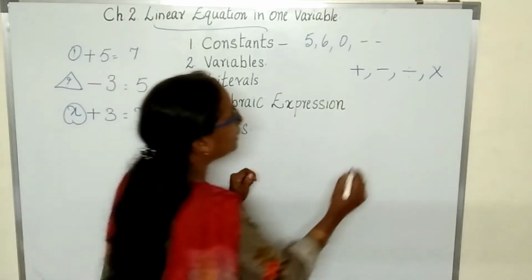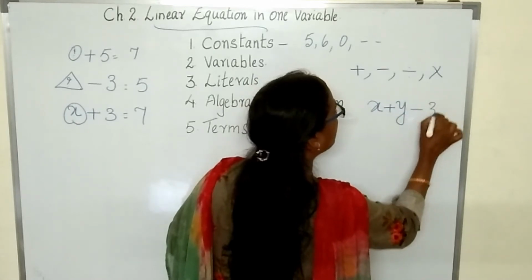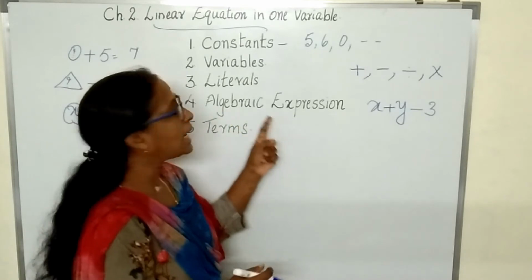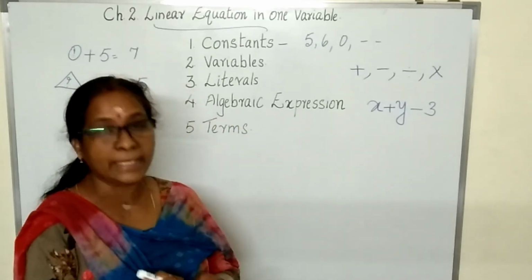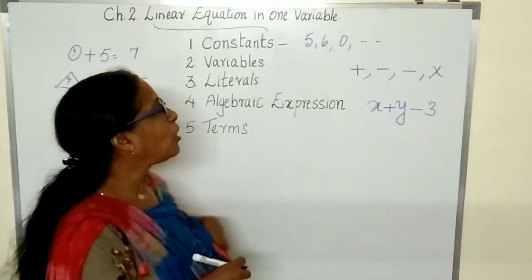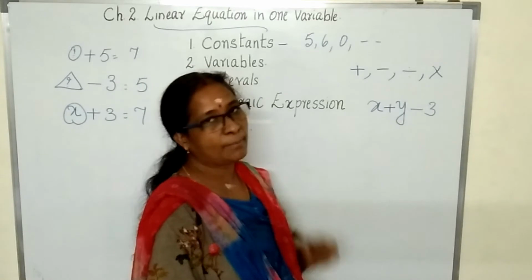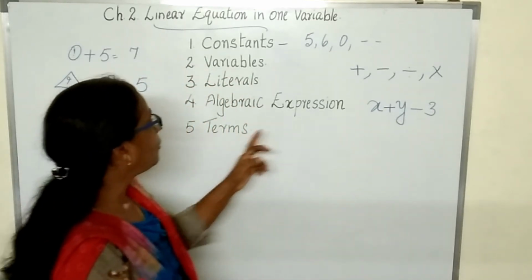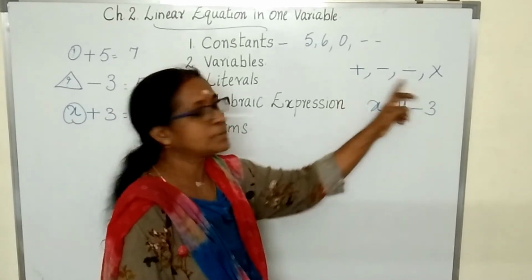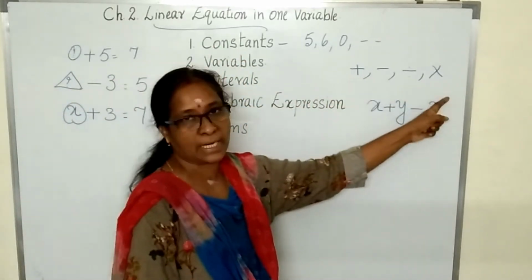For example, x plus y minus 3 is an expression. So expressions are formed by combining constants and variables with the help of operational signs like plus, minus, division and multiplication.